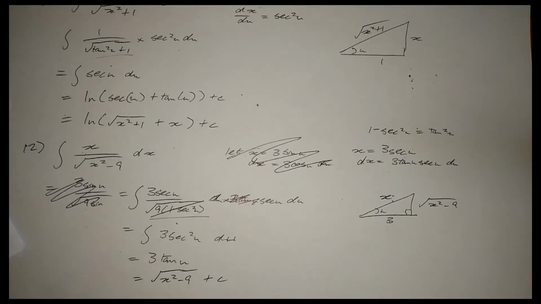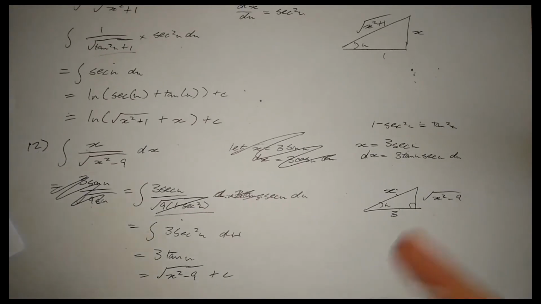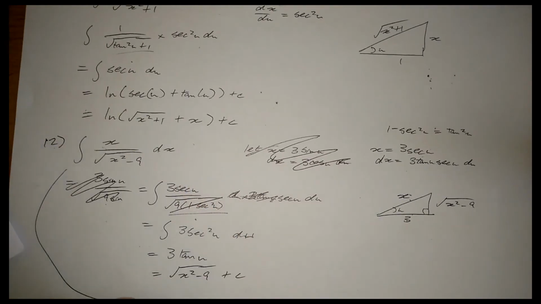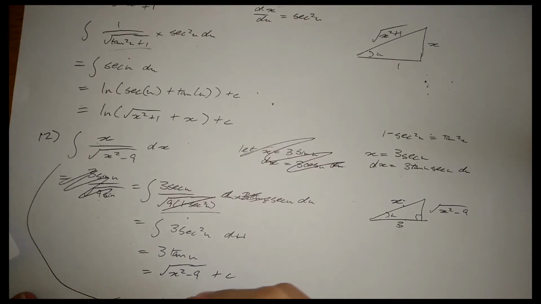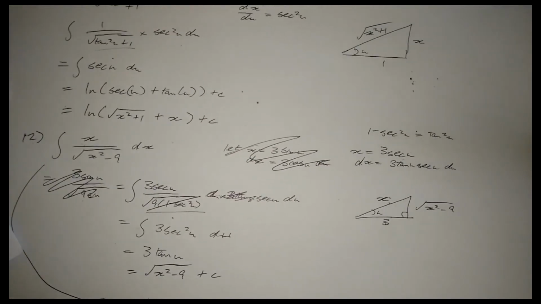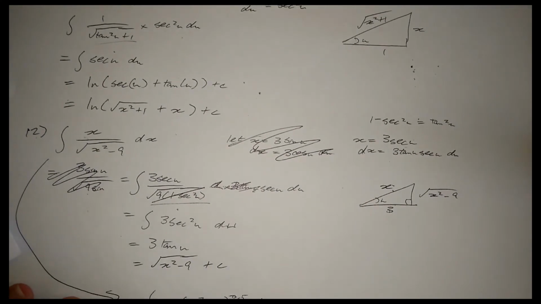So yeah. All good. The better way to do this actually would have just been to notice that this is the integral of x times x squared minus 9 to the negative 0.5th power dx, and then just use chain rule from there.